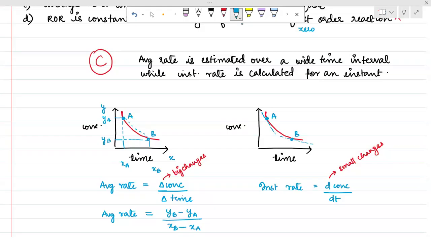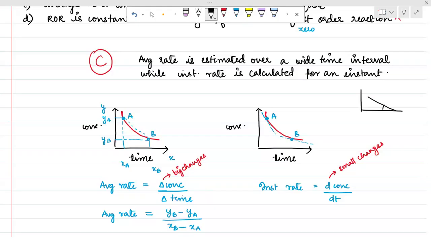Okay? So this is the difference between average rate and instantaneous rate. Average rate is capital delta change of concentration by capital delta change of time, while instantaneous means it's just the gradient at a point. How do you find the slope of a line? Let's say that I have some slope over here.